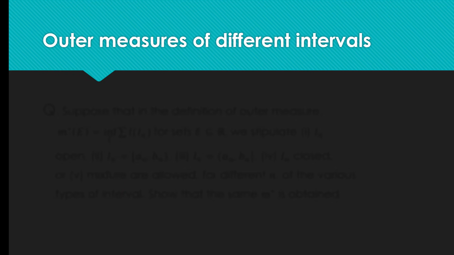So what I am talking about, when we define outer measure of a set A, we talk about the collection of covers. So a collection of cover, In, is a cover of A. That means A is a subset of the union from 1 to infinity of In.